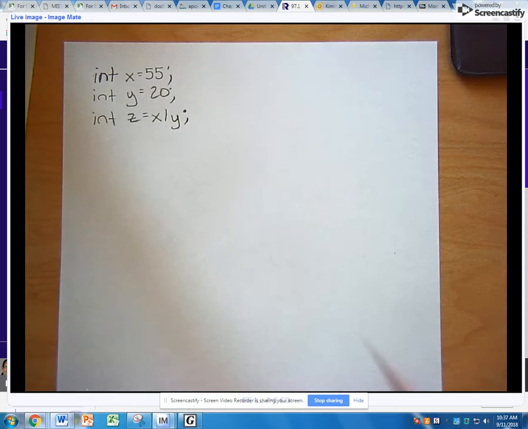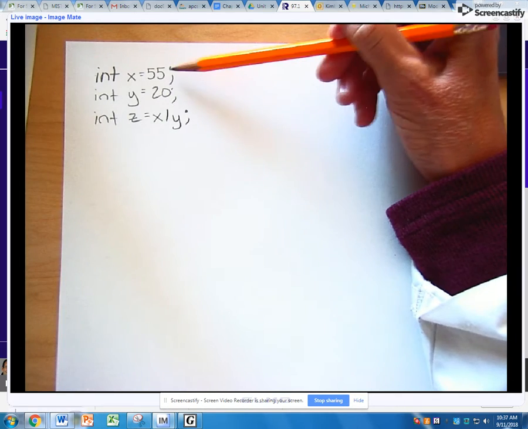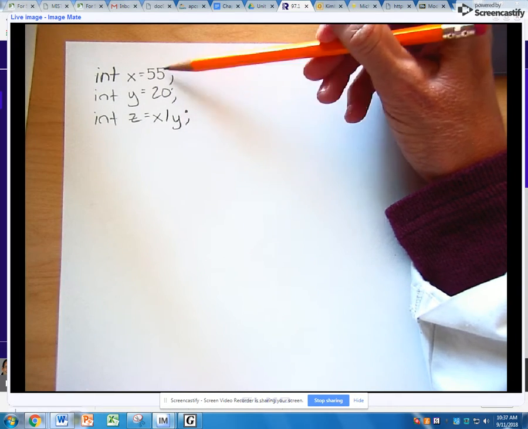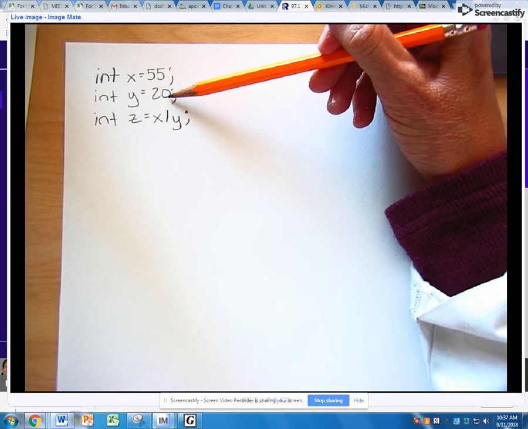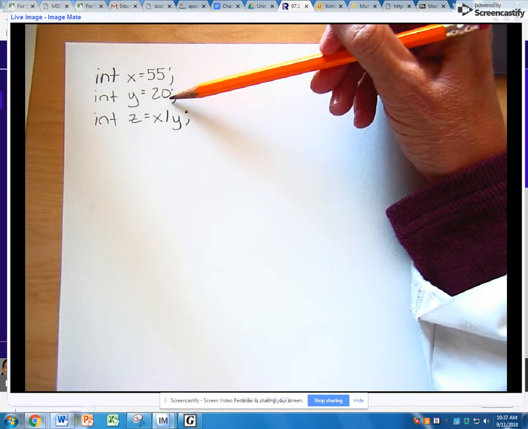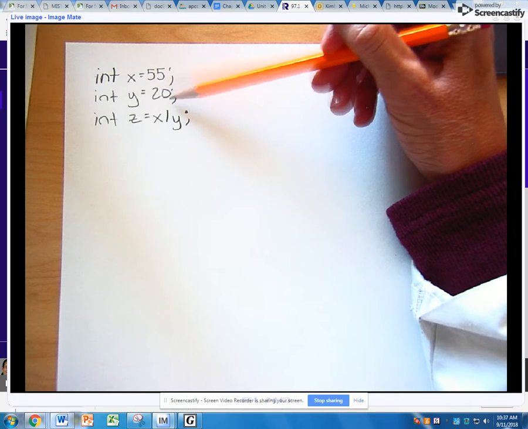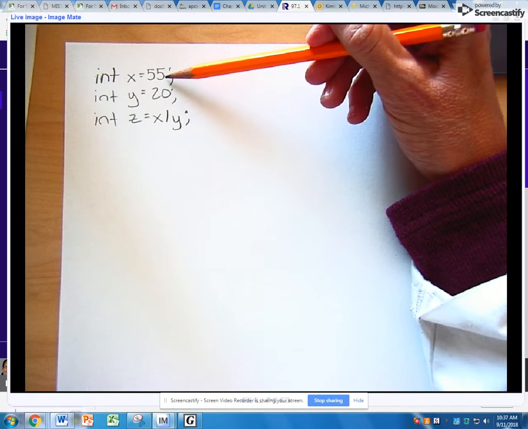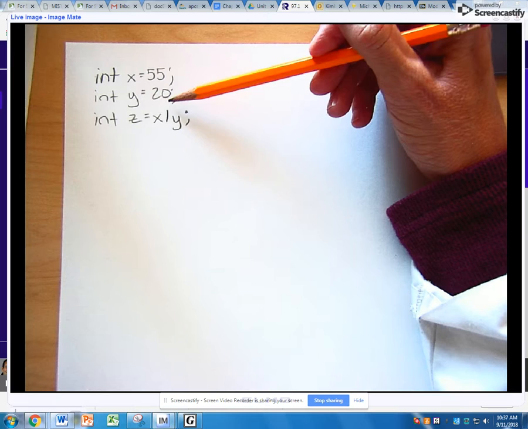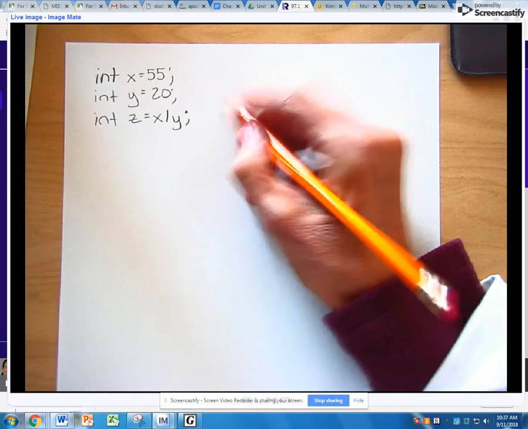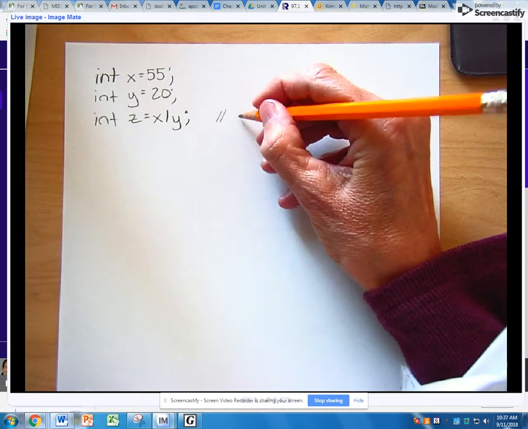So one thing about Java is that when you have math involving integers, the answer is truncated, or in other words, only the integer part of the answer is saved or is calculated. So for example, I'm going to do it in the comment over here on the side.